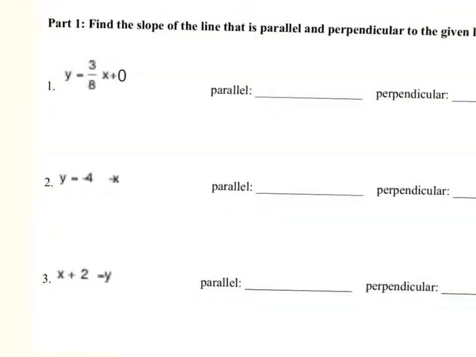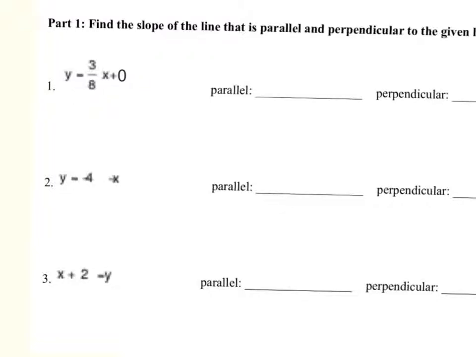Let's find the slope of a line that's parallel and perpendicular to the given line below. The first equation is y equals 3/8 x plus 0. My slope is 3/8. Again, my slope is the coefficient of x. 0 is the y-intercept. So this line intersects the y-axis at the origin.